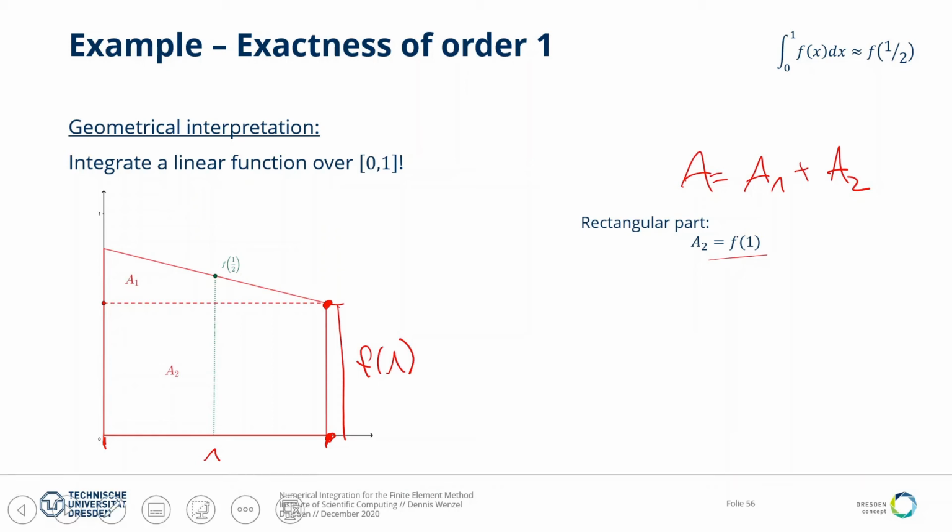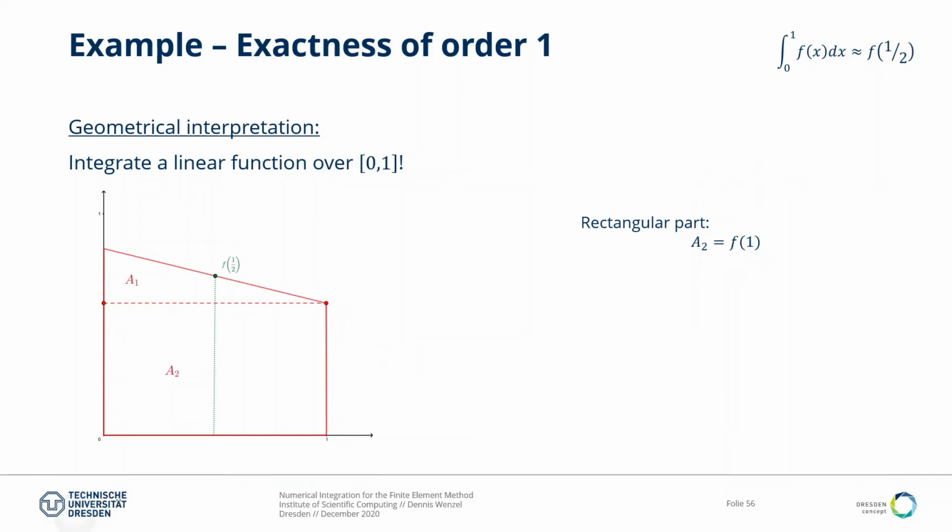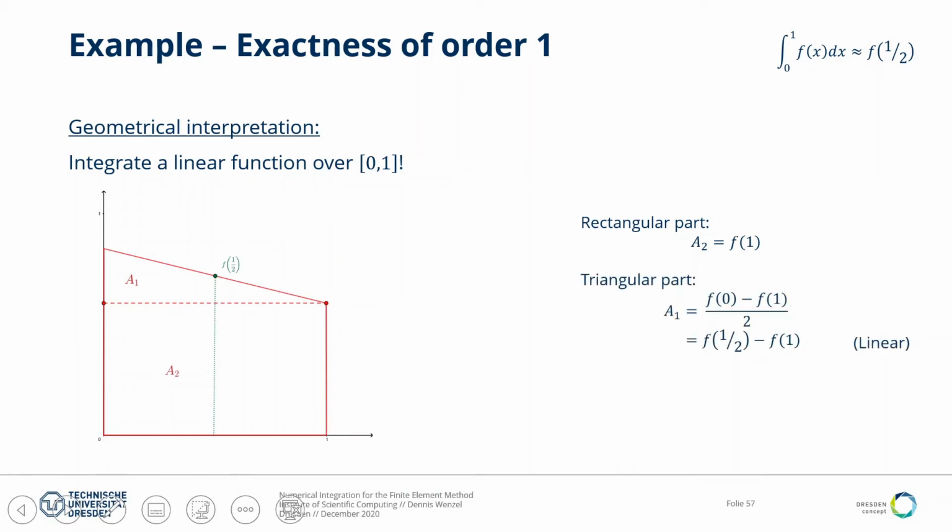Now let's look at the triangular part. There it's a bit different. We have to compute the area of the triangle. For the triangle, you also take the width of your interval, which again is 1. And this length here is f of 0 minus f of 1, right? f of 1 is this value here, and f of 0 is this value here, and that's the length of the side.